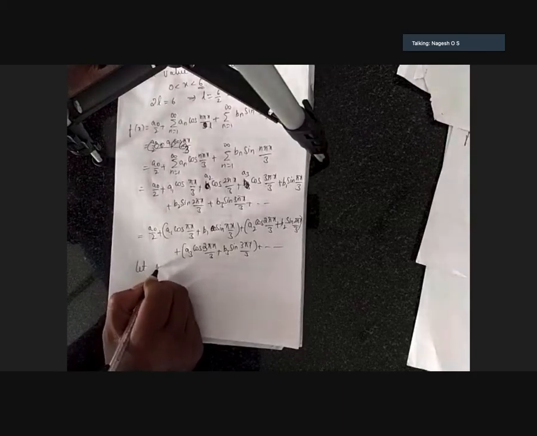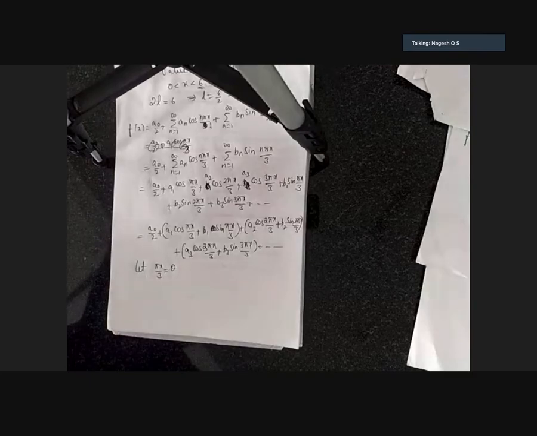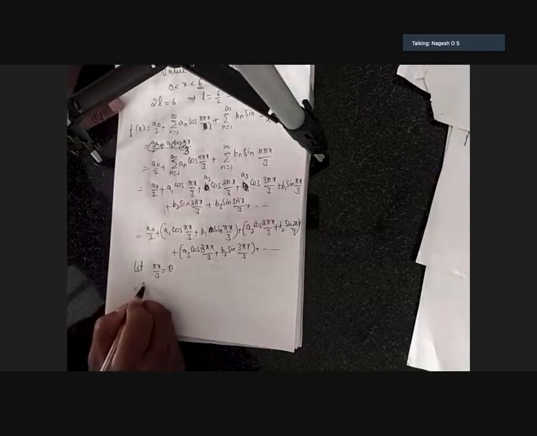Now, for simplicity, let pi x by 3 be theta. This is an extra step. What happens to this?